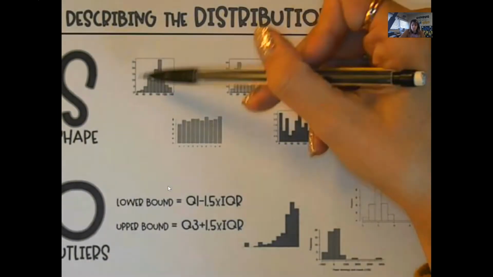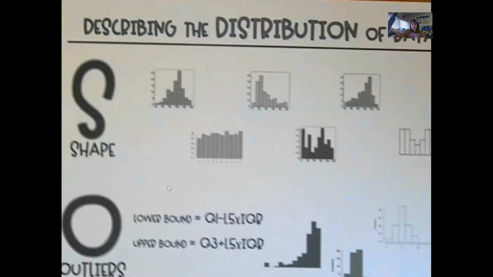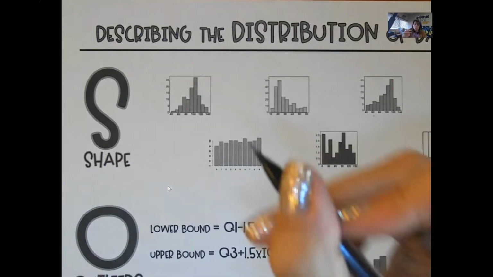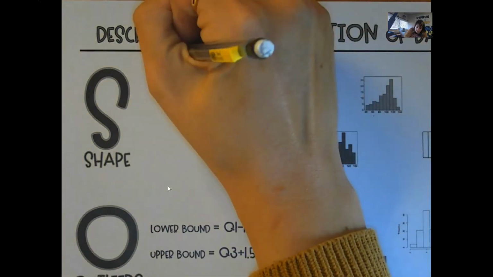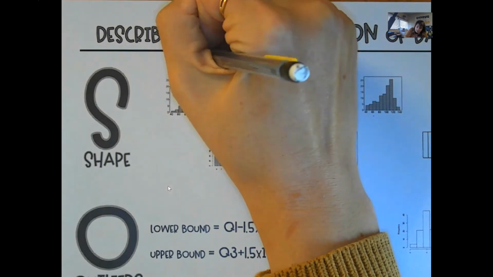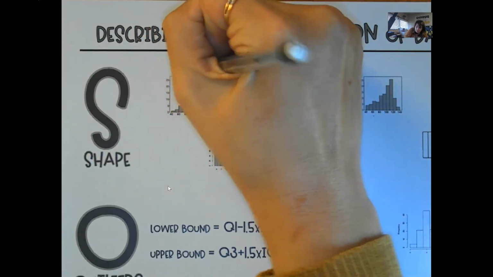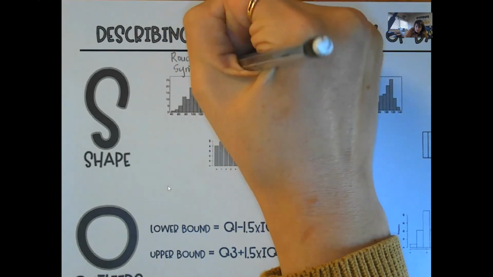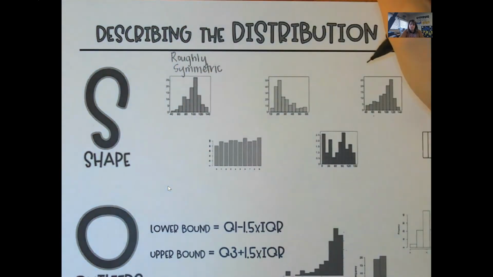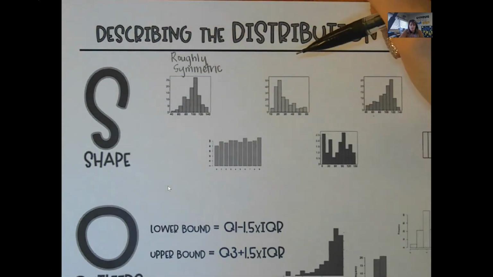So this first one, he's not perfect, but I would definitely say that this first one is roughly symmetric. We're writing roughly symmetric. We're not writing symmetric because it is not perfectly symmetric. It is approximately symmetric. So you can use the word roughly or approximately. I use roughly because it's shorter, just being honest.